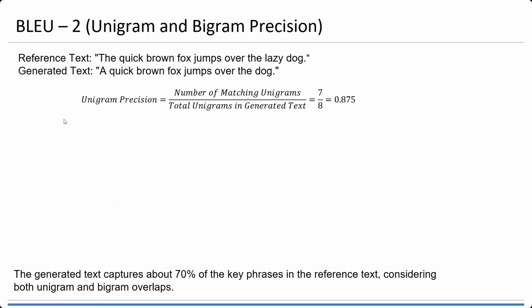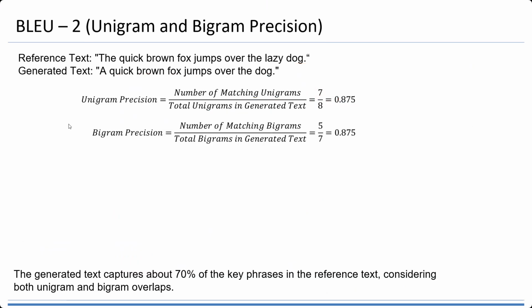So we can calculate the unigram precision. The unigram precision means the number of matching unigrams, which is 7, among the total unigrams in the generated text. The generated text has 1, 2, 3, 4, 5, 6, 7, 8 words. So there are 8, and 7 of them are matching. So we have the precision 0.875. The bigram precision means we check the number of matching bigrams divided by the total bigrams in the generated text.